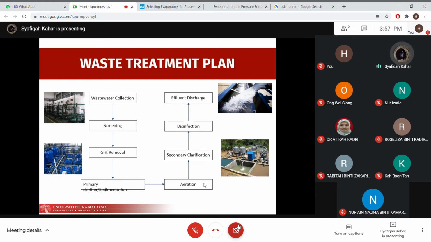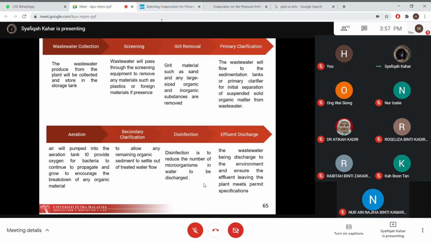The proposed plan for wastewater is firstly that the wastewater will be collected into a tank, and then there will be a screening process, then grit removal, then the primary clarifier or sedimentation, and then the aeration. Next is the secondary clarification, then disinfection, and then the effluent discharge. I will explain this in detail from the process.